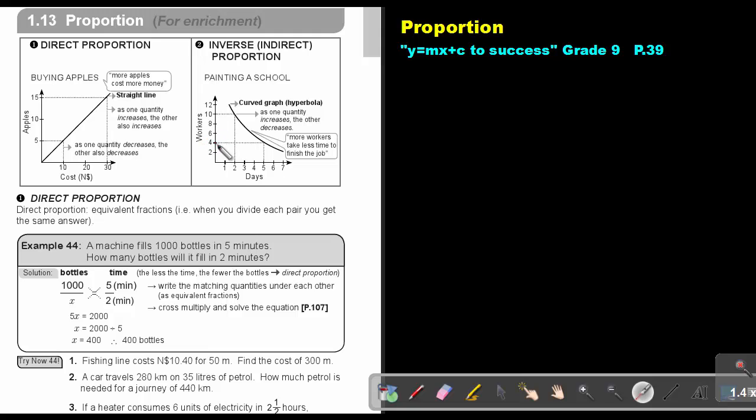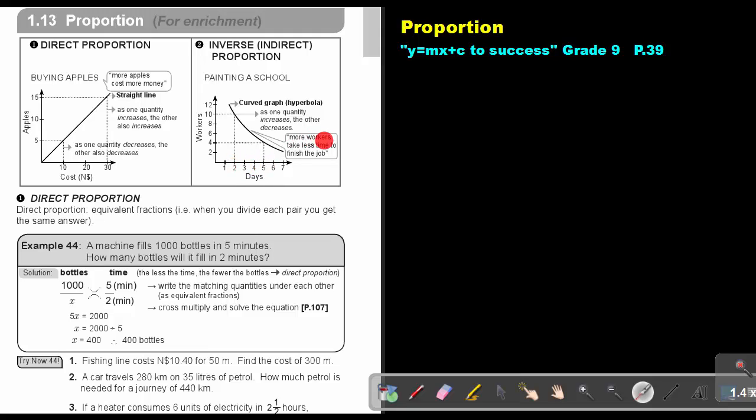Now, will they take less than 2 days or more than 2 days? No, it's only 4 people working. So they will take more than 2 days, and they will take 5 days. So do you see what happened? If we decrease the workers, what will happen to the days? The days will increase.